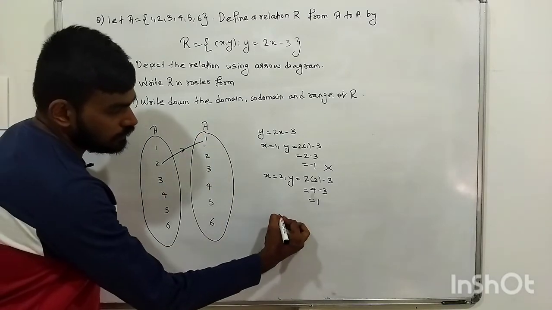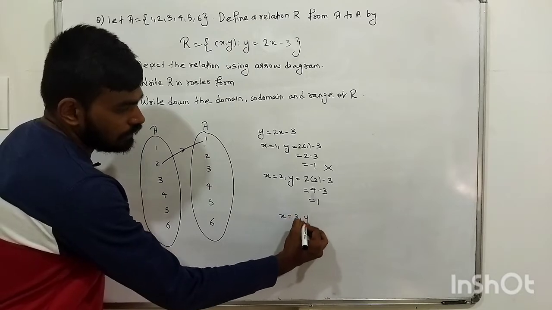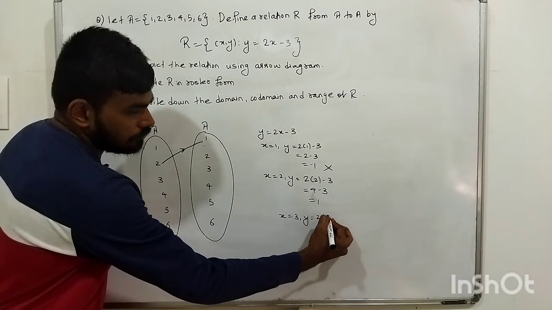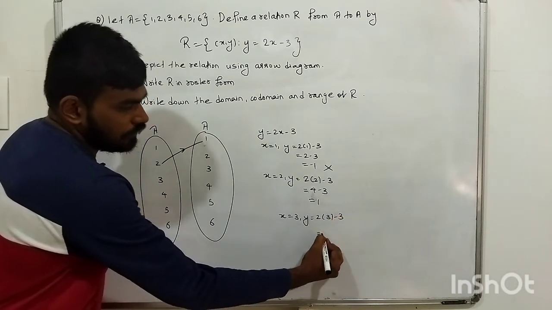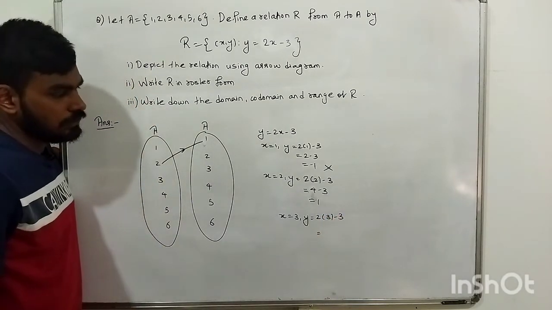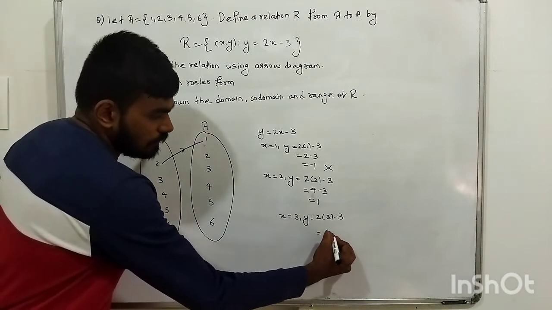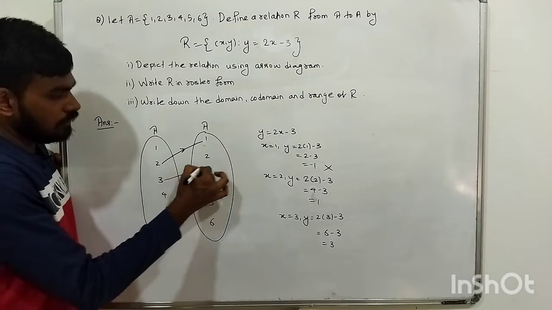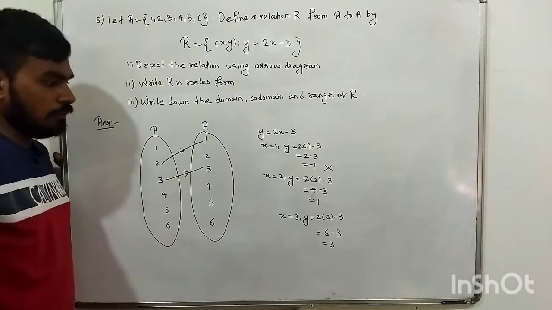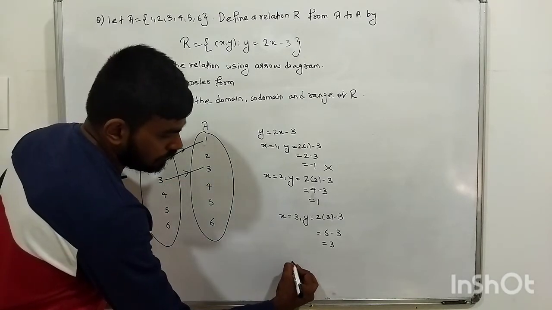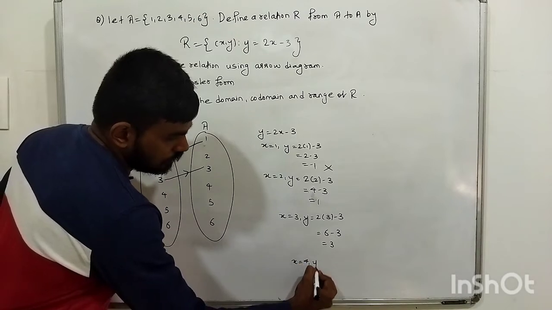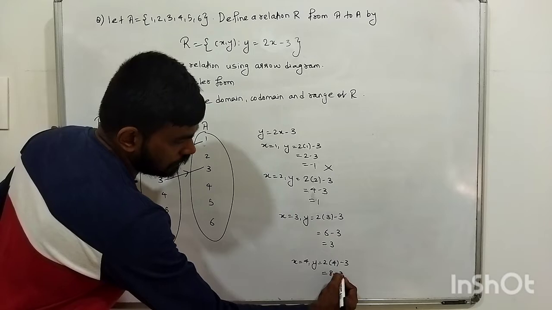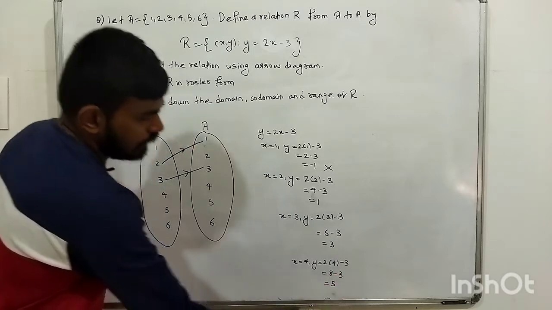Similarly, when x is equal to 3, y is equal to 2 into 3 minus 3. Okay. 2 into 3 is 6, minus 3, which is 3. So 3 can be related with 3 here. Similarly, when x is equal to 4, y is equal to 2 into 4 minus 3. So 8 minus 3, which is 5.